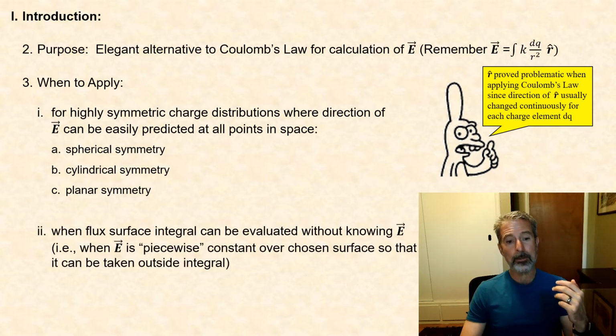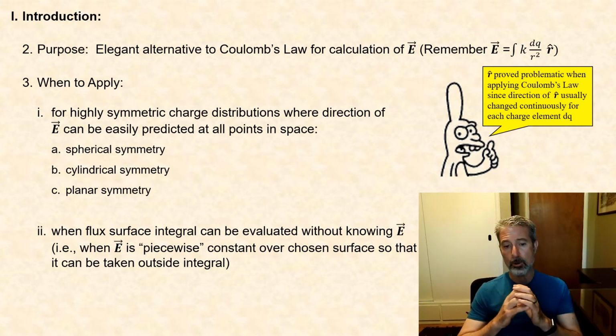Now, the second thing I'll say is that we want the flux surface integral to be evaluable without knowing exactly what the electric field looks like. Let me be more specific. Let's say the electric field is at least piecewise constant over the chosen surface so that it can be taken outside of the integral.